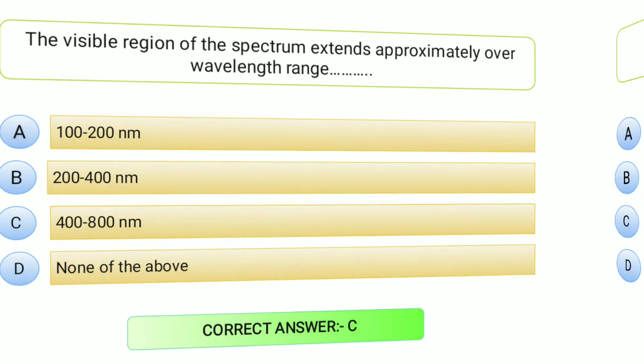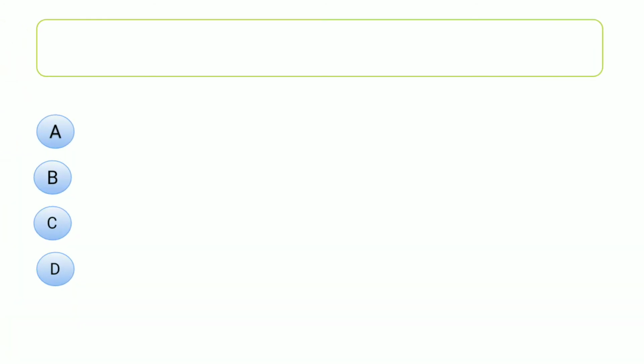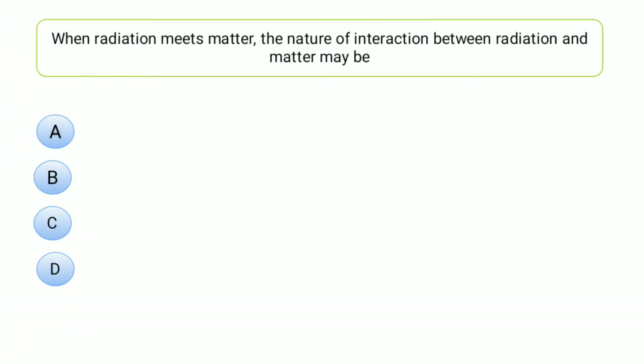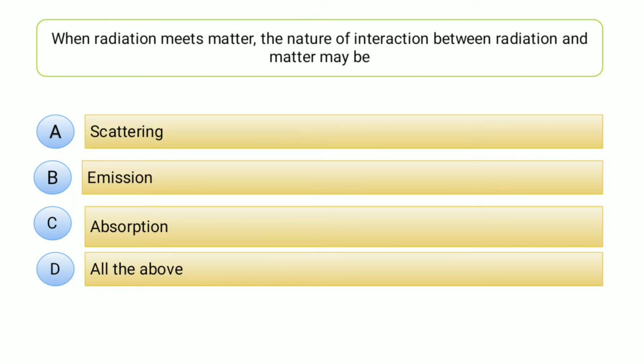Moving to the next question. The next question is, when radiation meets matter, the nature of interaction between radiation and matter may be, and the options are A. Scattering, option number B. Emission, option number C. Absorption, or option number D. All of the above.